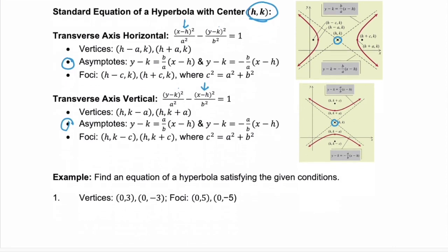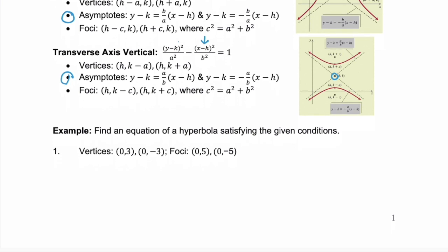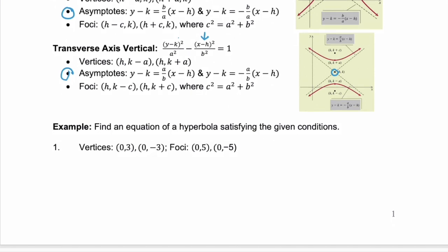Okay, our first example. We're given some information or conditions about a hyperbola, and we're asked to find the equation. So we need to use all of the hints that we're given. So, first hint. Notice that we have zeros in the x-coordinate position for all of our given points. That means two things. One, our center is at 0, 0.